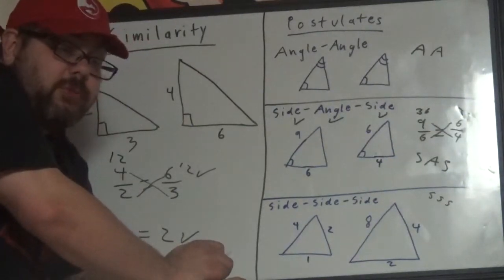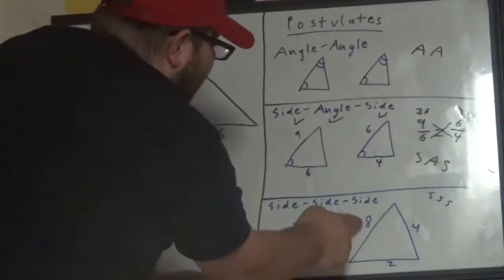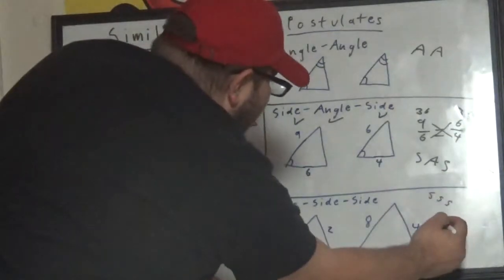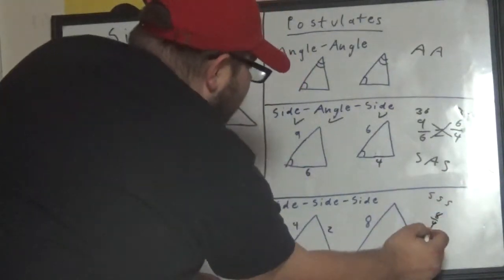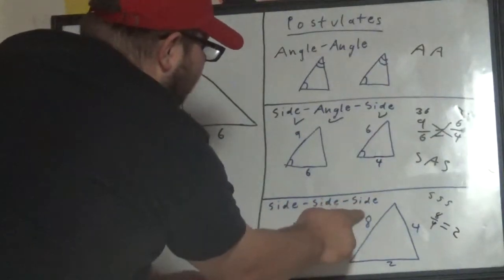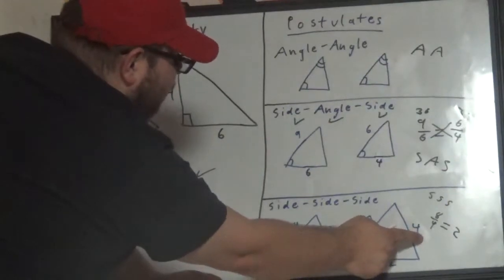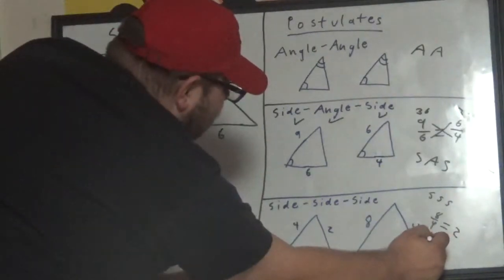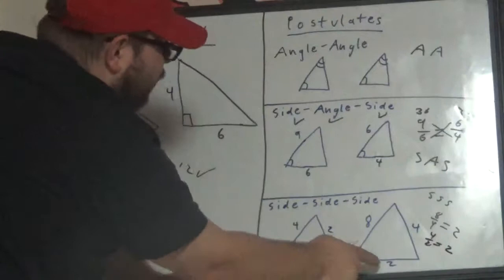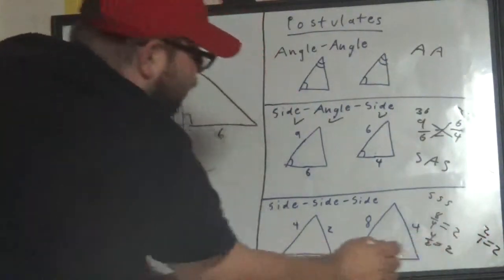The best way to do it when we have 3 of them is going to be to divide. So I'm going to do 8 divided by 4. 8 divided by 4 is 2. 4 divided by 2 also is 2. And then 2 divided by 1 is also 2.